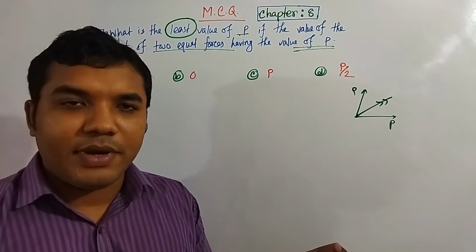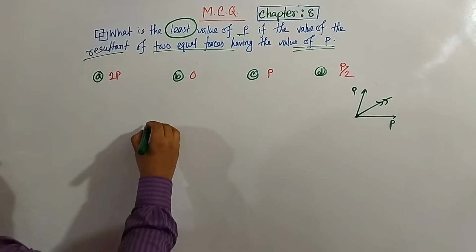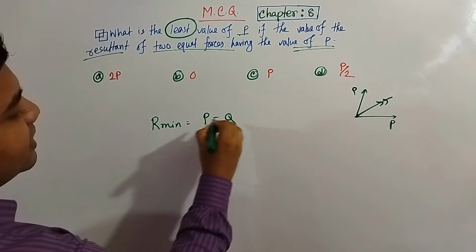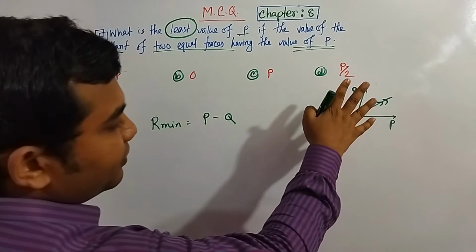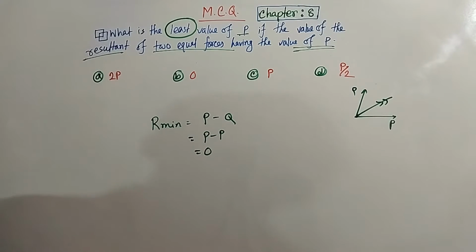We know our formula, R min equals P minus Q. Since both forces are P, it should be P minus P, that is 0. So the answer should be 0.